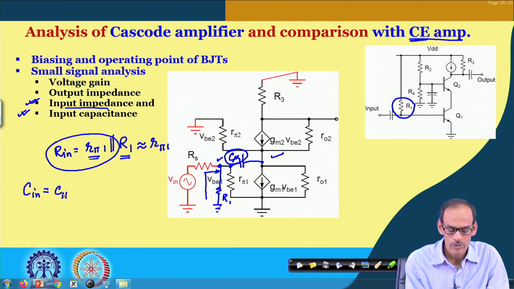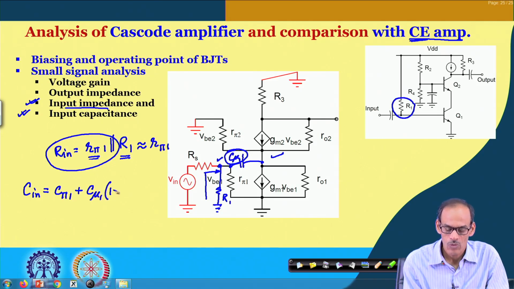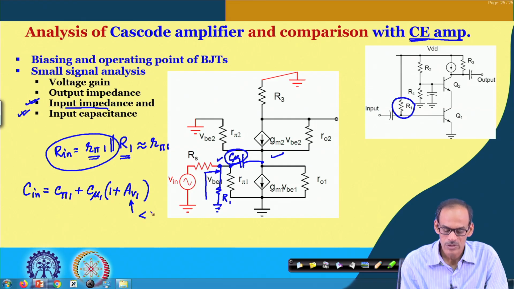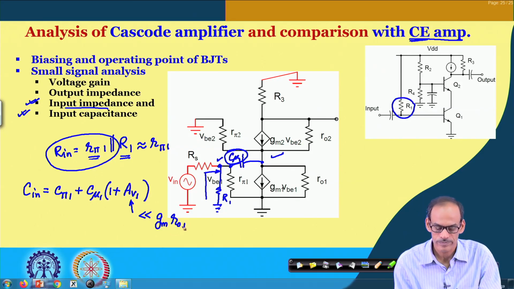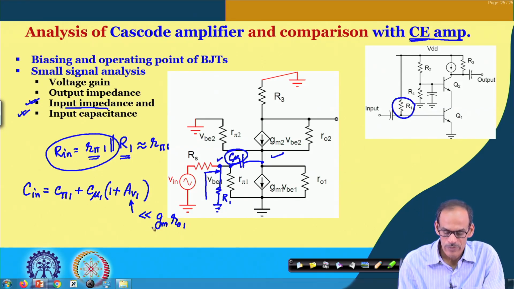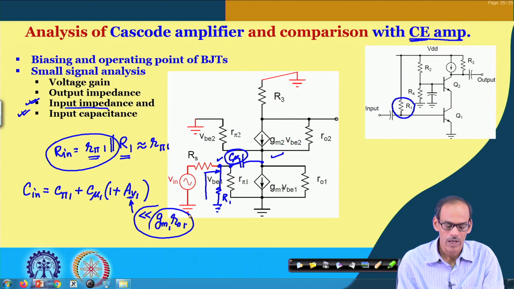So, of course, we will be getting C pi 1 and then C mu 1 multiplied by 1 plus A V 1 gain, and we claim that this A V 1 gain is much lower than g m 1 R O 1.